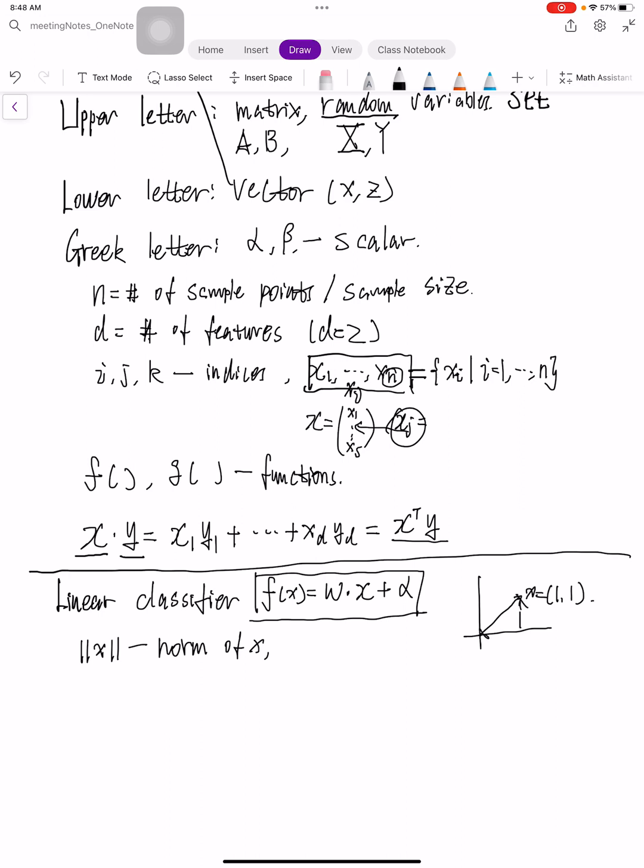If you have x coordinate 1, y coordinate 1, so 1 squared plus 1 squared, and you take the square root, right? Square root of 2. So the norm of x is nothing but, component-wise, you square it, you take the sum, and you take the square root. That's the norm of x.